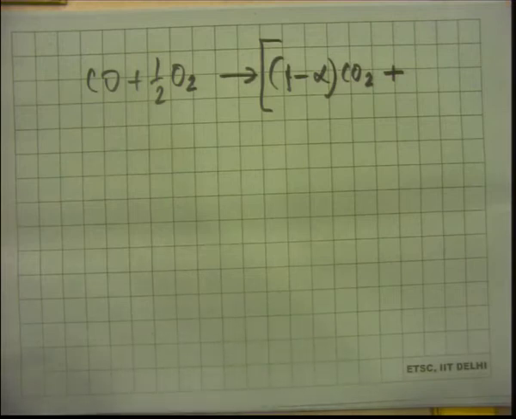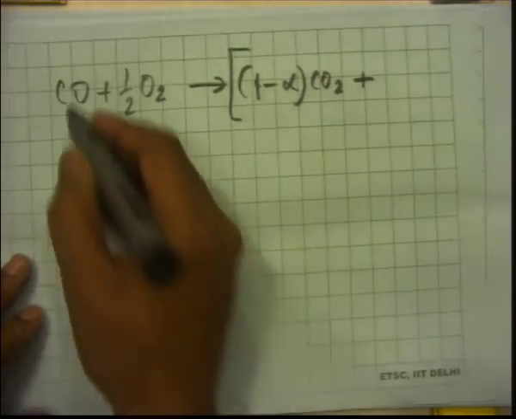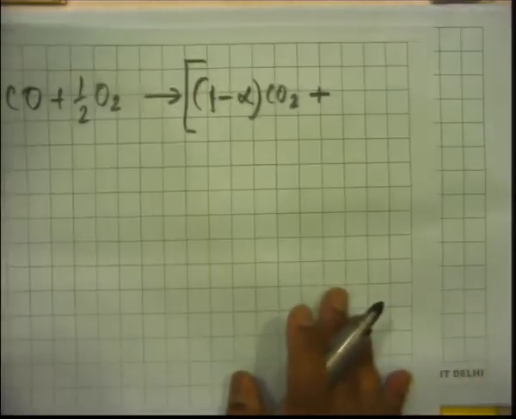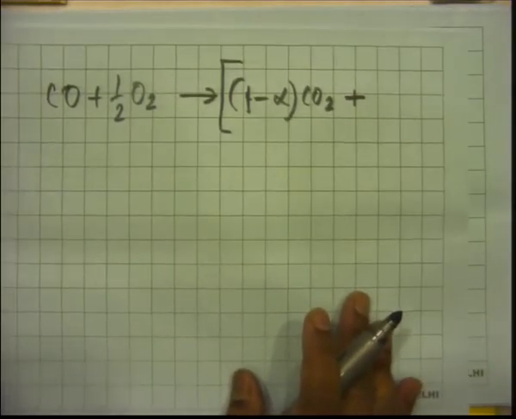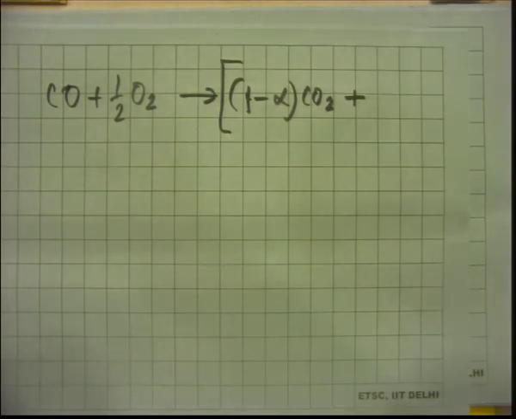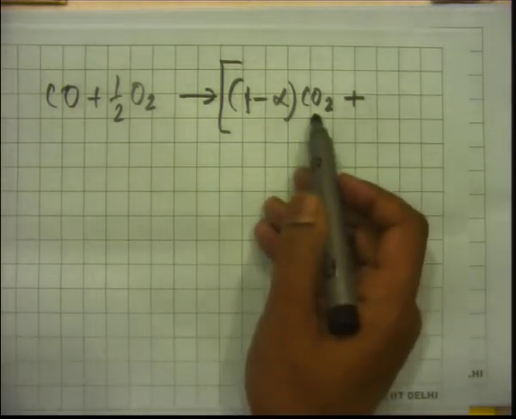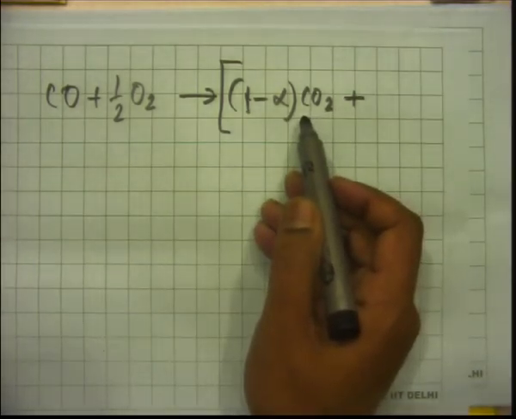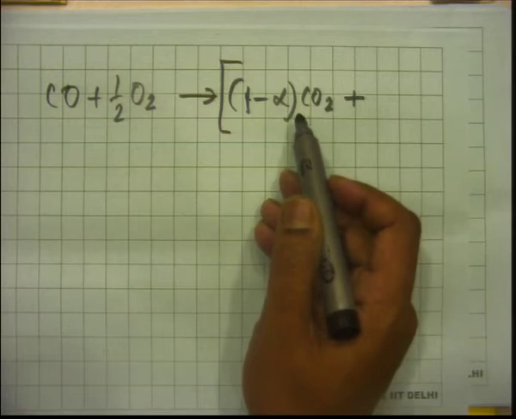Any idea? Let us try to make this more interactive. You tell me what I should write here. So, I am writing 1 minus alpha CO2. That means I am saying that it is not 1 CO2.